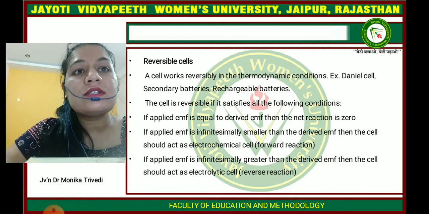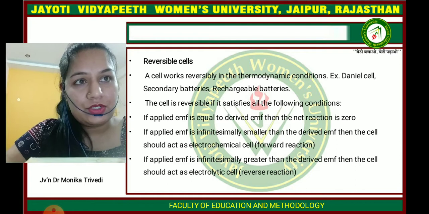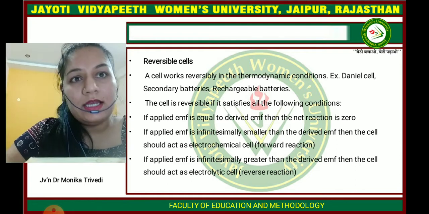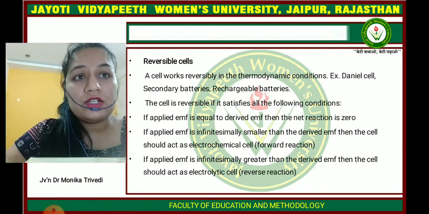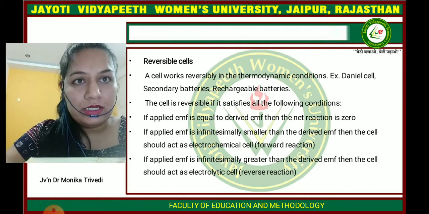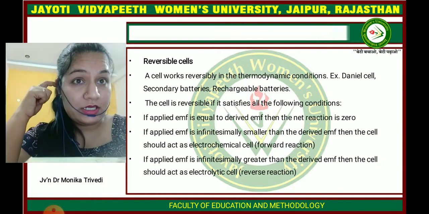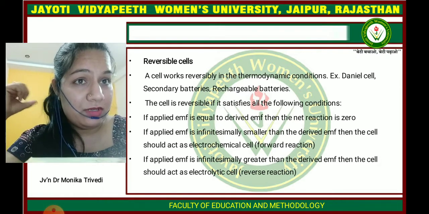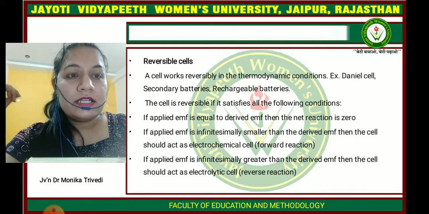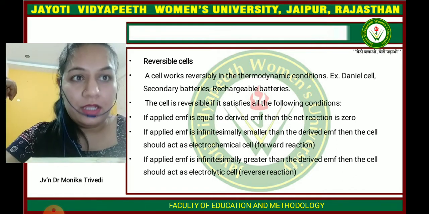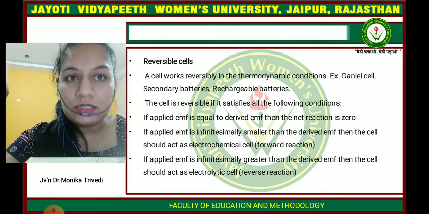What are reversible cells? A cell works reversibly in thermodynamic conditions, like the Daniel cell, and secondary batteries or rechargeable batteries; these are reversible cells. A cell is reversible if it satisfies all the following conditions. If the applied EMF is equal to the derived EMF, then the net reaction is 0.